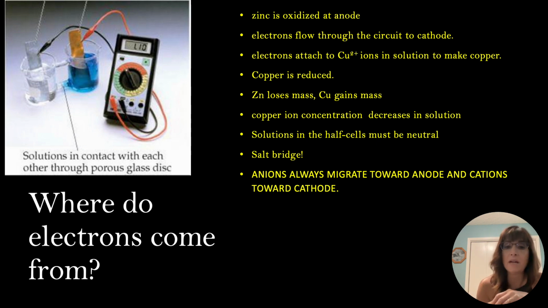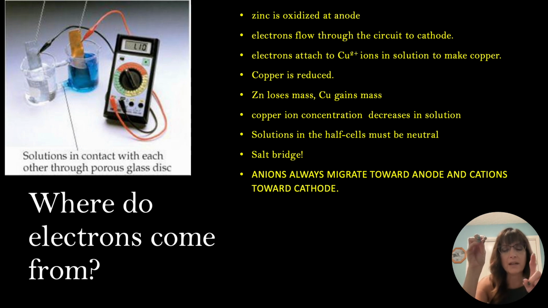We don't want the zinc solution to become positive, and we don't want the copper solution to become negative. So the salt bridge, in our case in the lab, is just a piece of filter paper soaked in usually potassium nitrate, but it provides ions to the solutions. So in the copper solution, the positive ion is leaving and it's going onto the metal and being reduced.